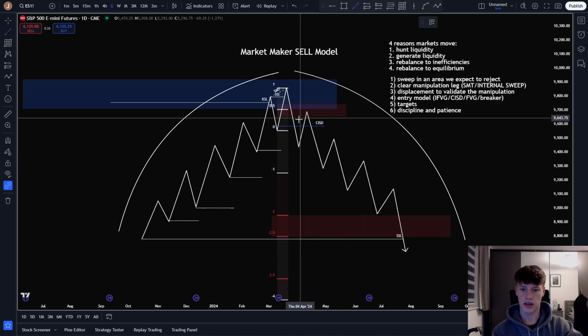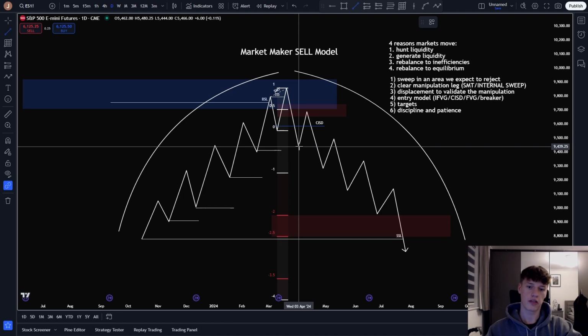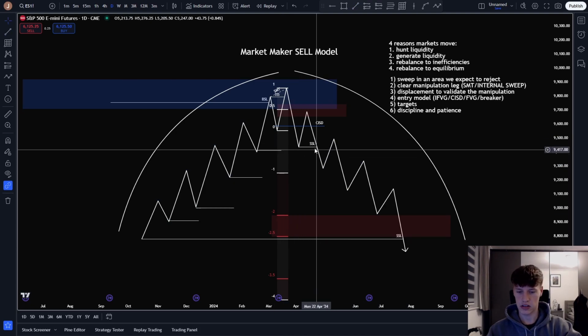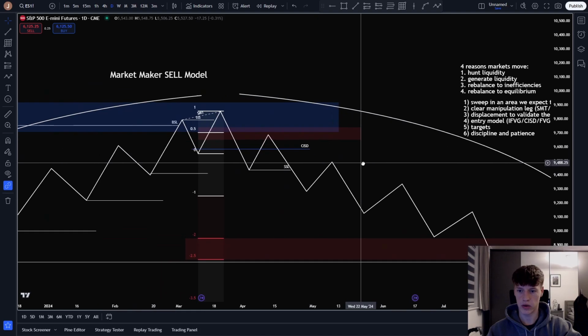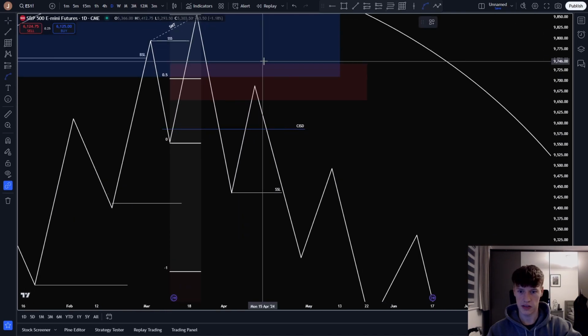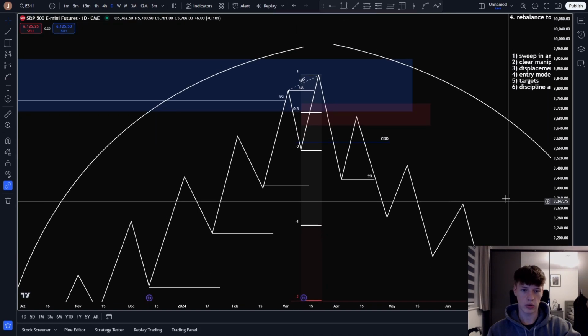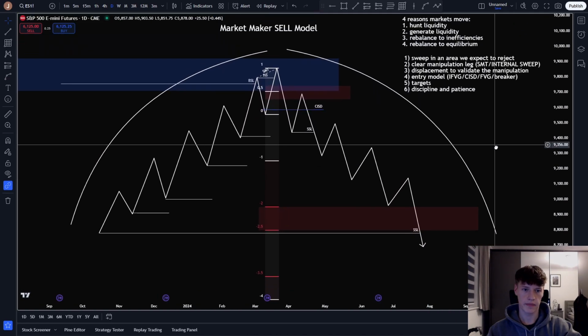Once again, the low-hanging fruit, the first target that I'd be confident gets hit is right there, that internal sell-side liquidity, because once again, when you zoom in, this is a model on its own, looking for that internal sell side. That is what I'm confident gets hit.